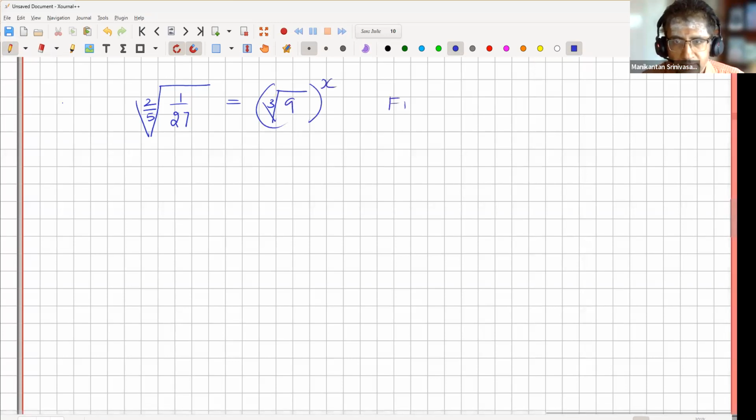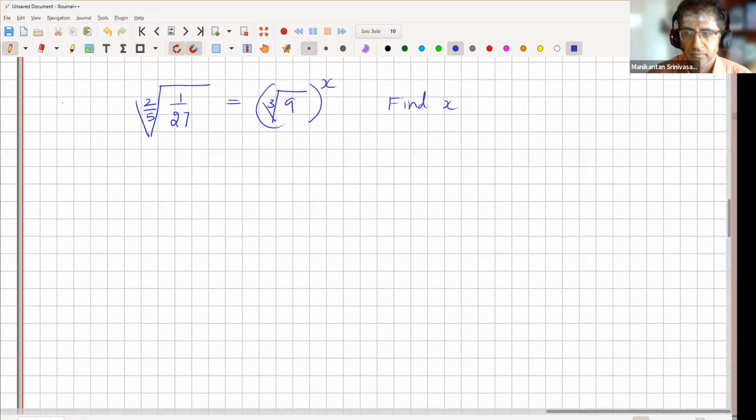Find x. If you have no clue, you have not done anything even close to this, I can do one problem and then help you with another one. Do you want to try it? Okay, cool, nice. Go ahead, please.